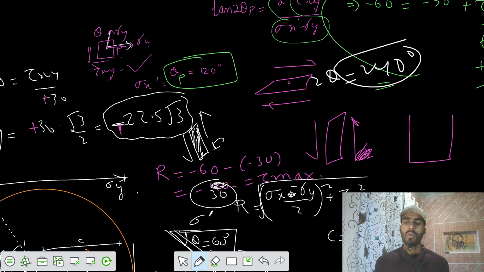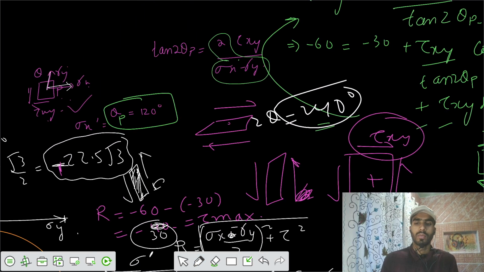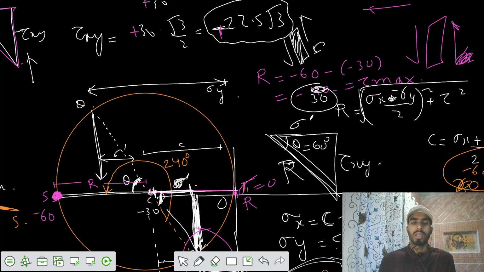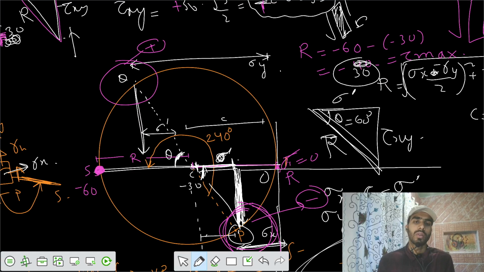That means the overall configuration of the shear stress would be in this fashion. That's positive shear stress tau xy. The possible Mohr's circle we got shows that on plane P your shear stress is negative, and on this plane shear stress is positive. So this is only possible.